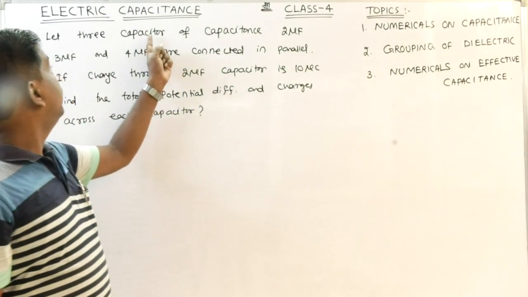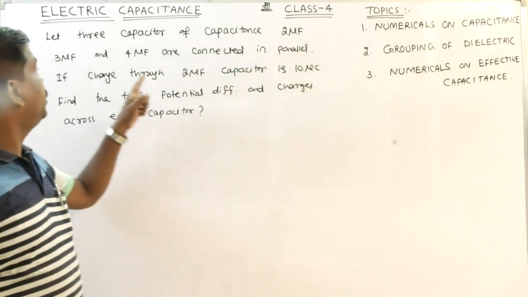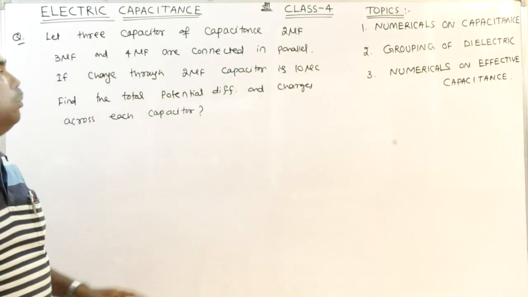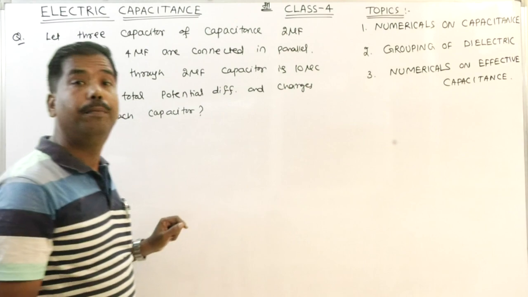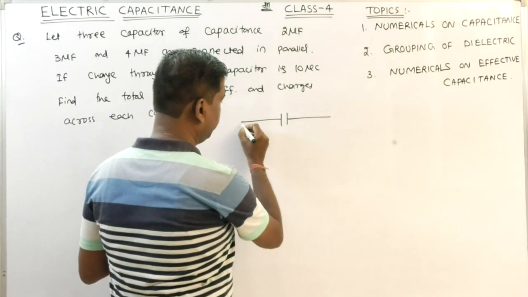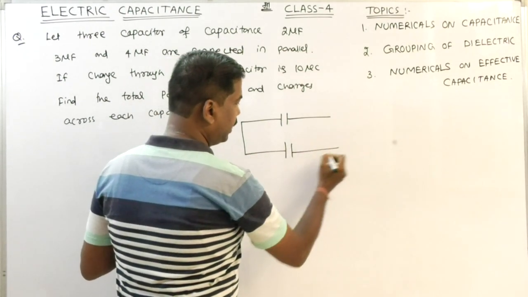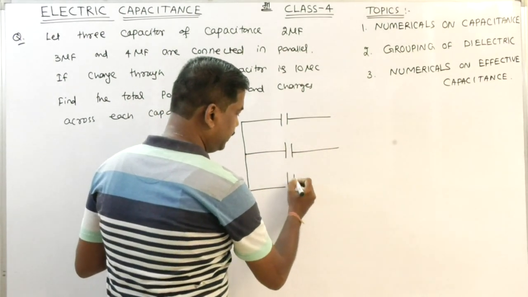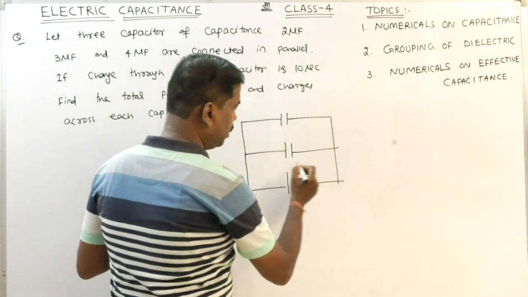Listen to me. 3 capacitors of capacitance 2 microfarad, 3 microfarad and 4 microfarad are connected in parallel. So let this be one capacitor, this another capacitor, this another capacitor. Clear?